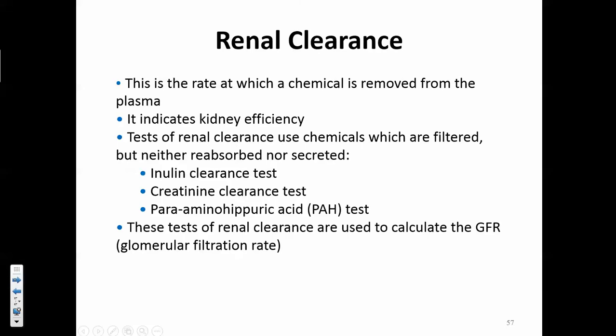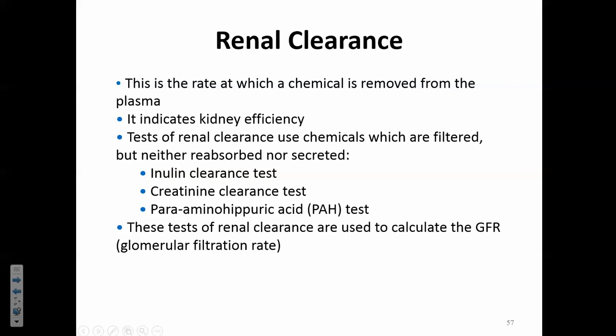Now, medically, a renal clearance test helps determine the filtering rate at the kidney, which is an indication of kidney efficiency. If it looks like you've got some kidney issues, they'll probably run you through a renal clearance test.